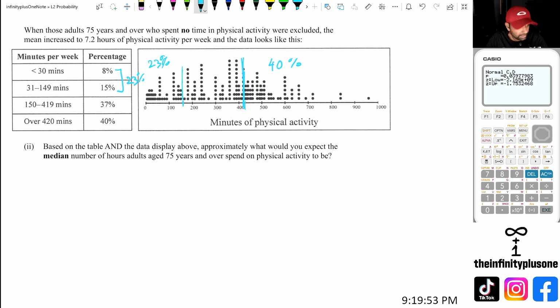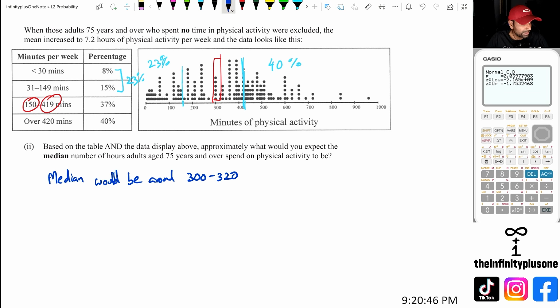Now the answer schedule says that the median could be anywhere between 150 to 419. But if it was me, I'm looking at the dots here and trying to gauge where the middle is. I would probably go somewhere around here, so I can say the median would be around 300 to 320, for example.